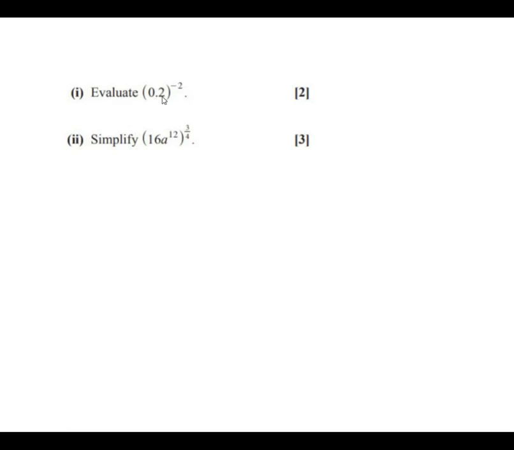Evaluate 0.2 raised to the power of negative 2. For the first one, what we can do is write 0.2 to a negative power. We can change it to a positive power by using one of the laws of indices. So I am going to take 0.2 at the bottom.